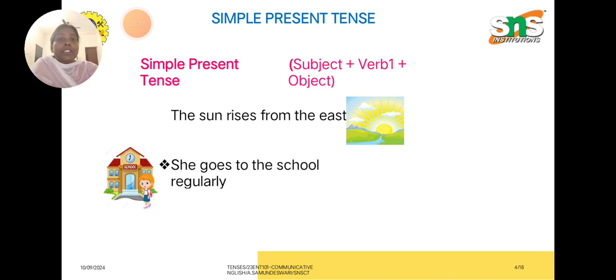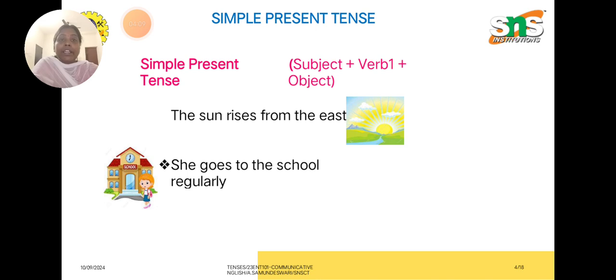Simple present tense can be used to talk about the daily routine of an individual, habitual actions, and things which take place once in a while. If you are very sure that something is going to happen in the very near future, you can use simple present tense, as well as universal truths and scientific facts.